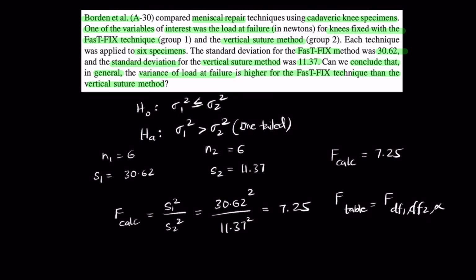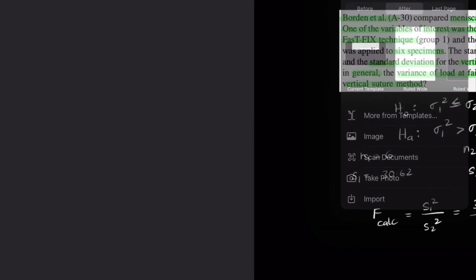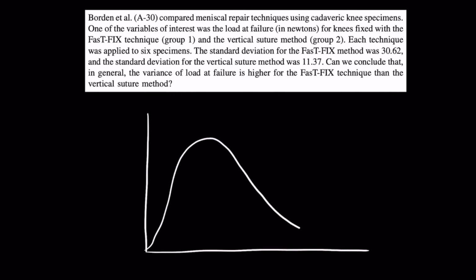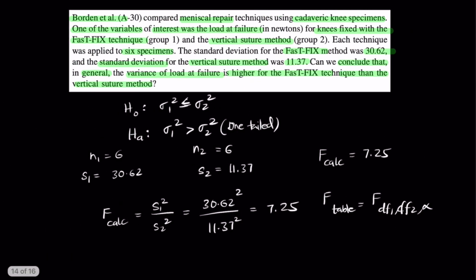The F distribution looks similar to the chi-square distribution, more like a right skewed distribution. df1 is n1 minus 1 and df2 is n2 minus 1, so it's 6 minus 1 and 6 minus 1, which is 5 and 5.